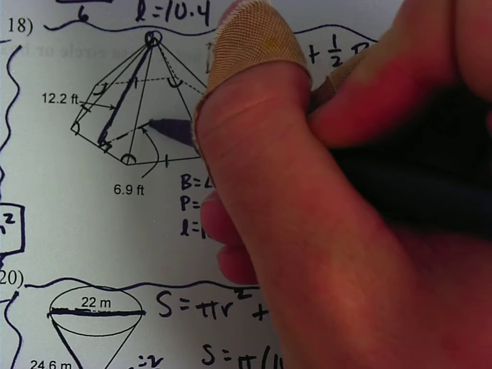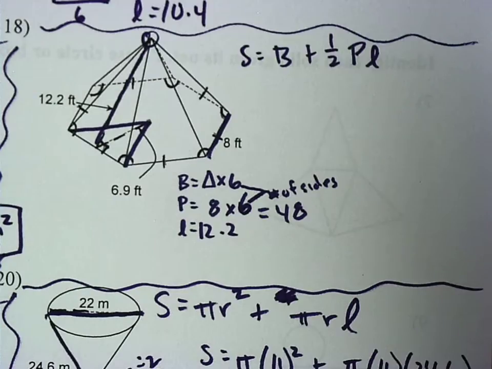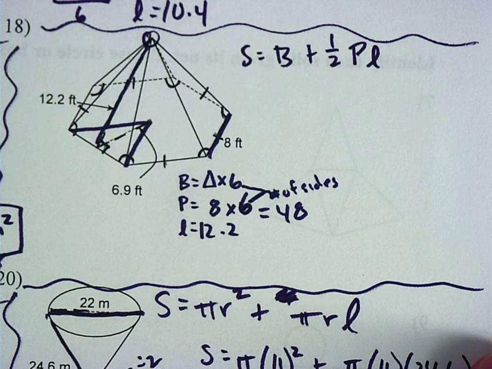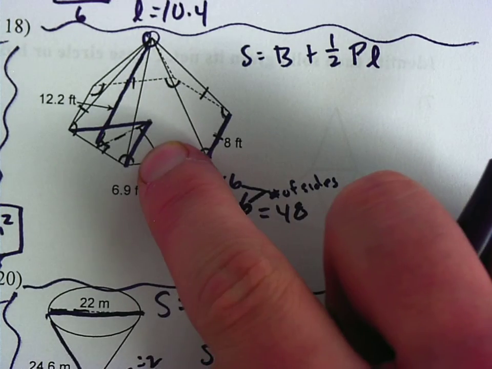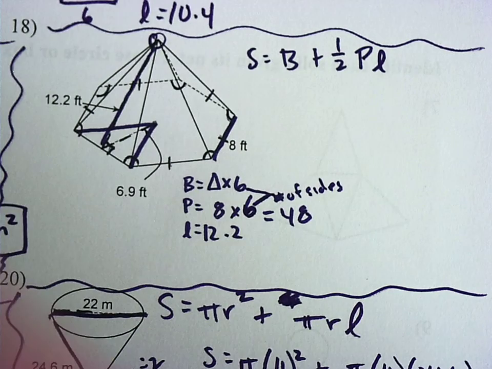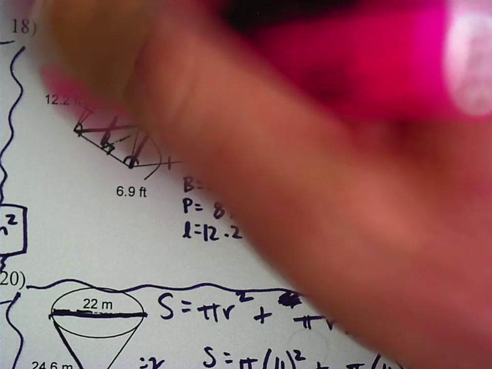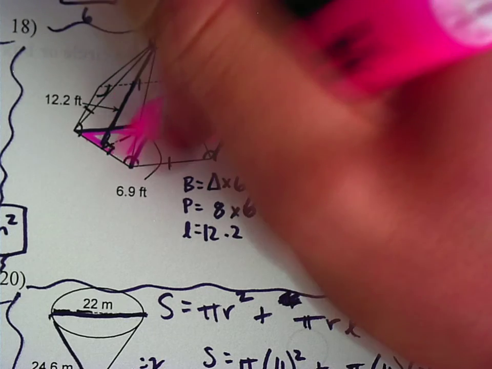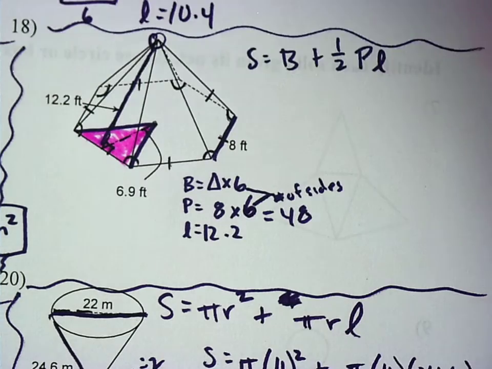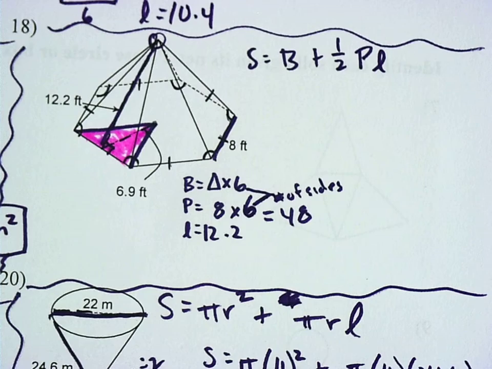The triangle we draw from the center of the hexagon to the vertices. It's that triangle right there, and I'll highlight it to emphasize where it comes from. This is the triangle we're talking about, on the bottom of the base. It's part of that hexagon.